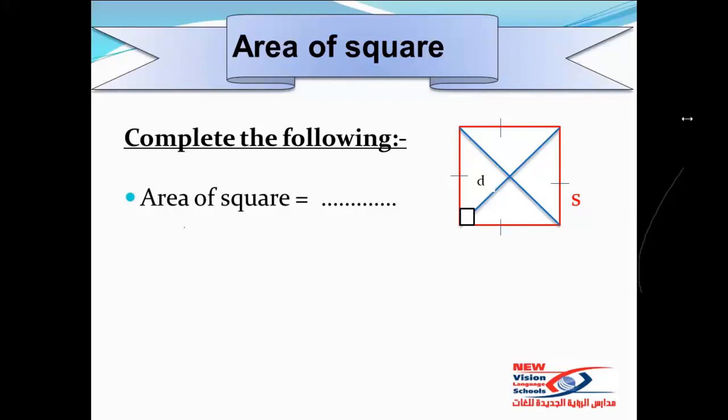Side times side. Excellent. Area of a square equals side times side. Another one. Area of a square equals half times what? Nada, open your mic. Half times D1 times D2? No. In a square, the two diagonals are equal, so our rule is half D D. Okay? Half D D.